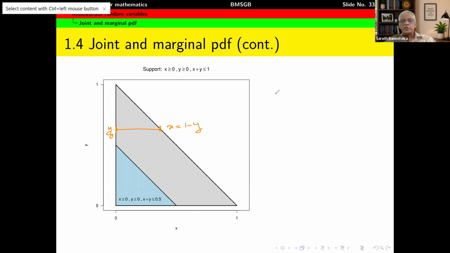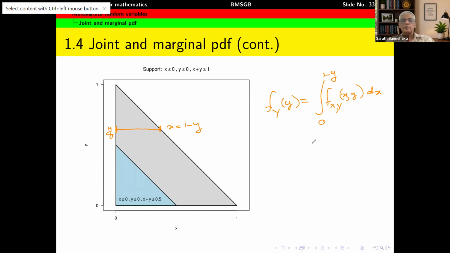So in order to find the marginal density function of capital Y evaluated at this particular value y, you have to integrate the joint density function of x and y with respect to x, and the limit of x should be from 0 to 1 minus y. Right? So you can see that the whole thing is going to be a function of y, because you are integrating with respect to x and putting limits in terms of y.